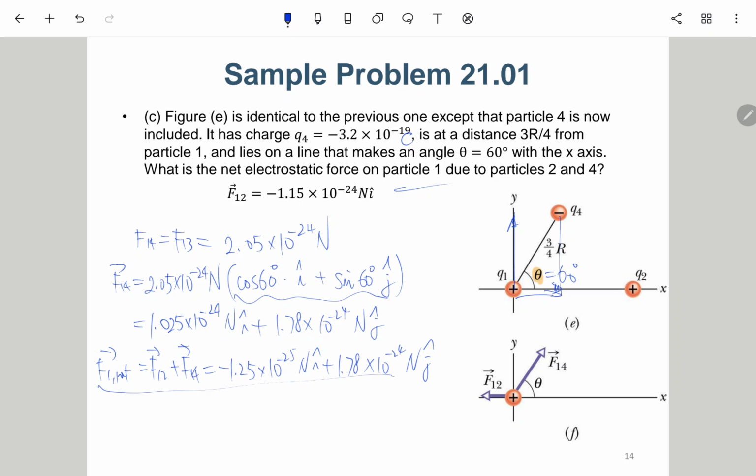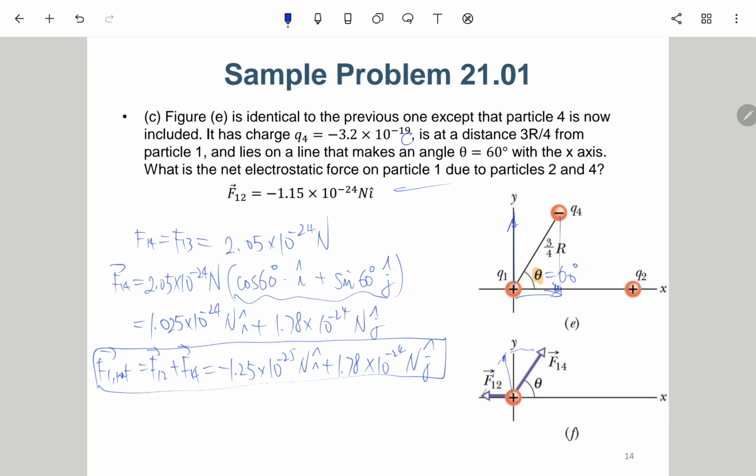Okay, so this is pretty much the force acting on particle 1. It doesn't ask you the magnitude and direction because it is not actually pointing along the x-axis or y-axis. It is somehow pointing to this.